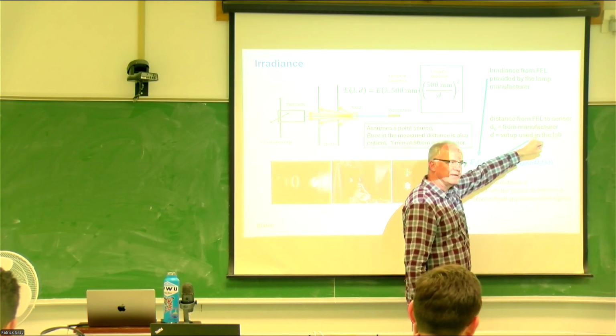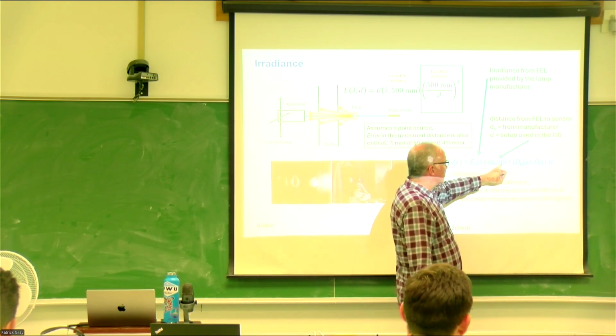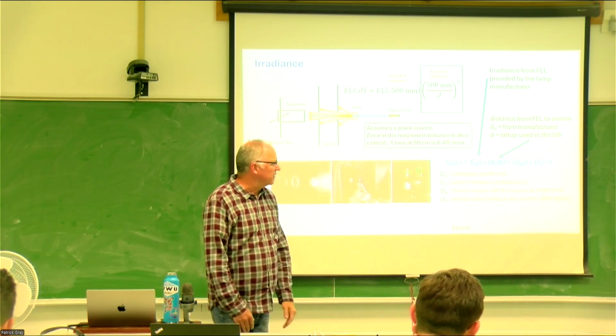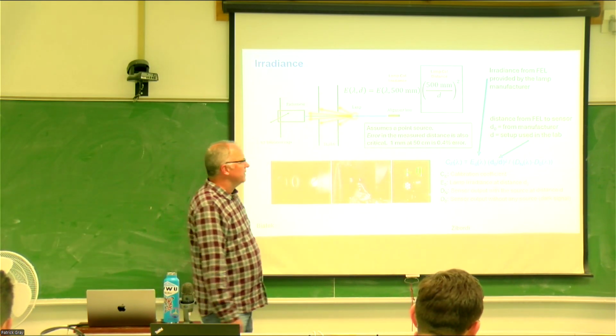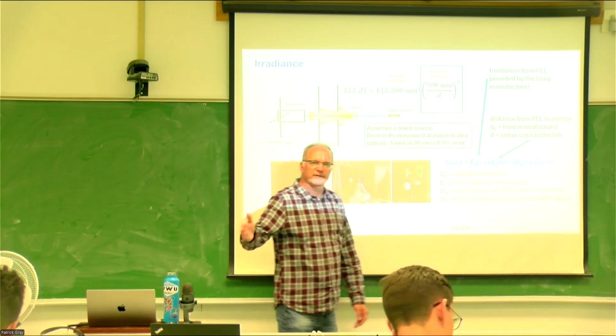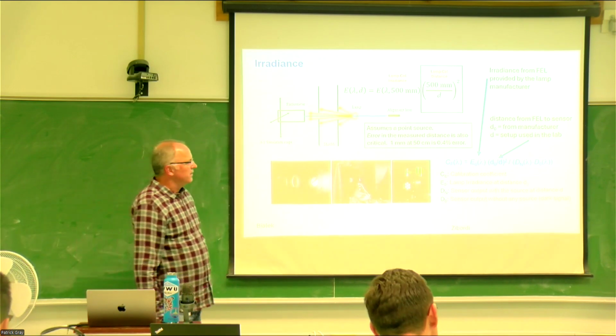D0 is the distance from the manufacturer, in centimeters, and D is the actual distance I have set up in my lab, and there's the square. The manufacturer provides us the actual irradiance they measure in the lab, and the calibrated value too.